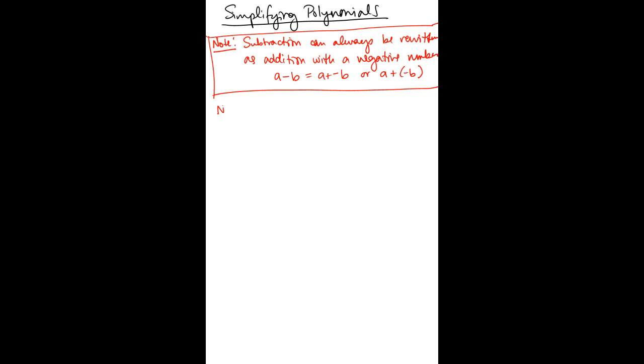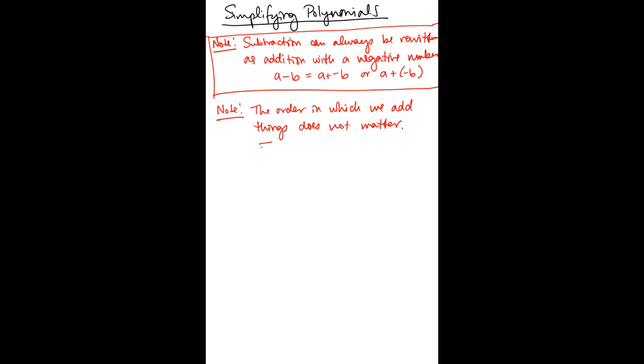Another note we want to make is that you'll notice that the order in which we add things does not matter. As long as it's all addition, we can rearrange the terms in whatever way we want.